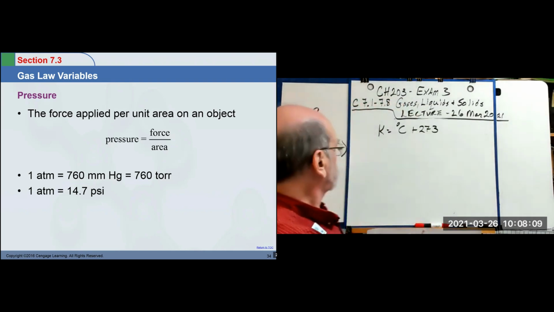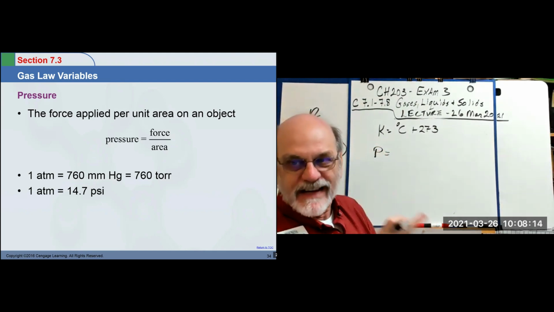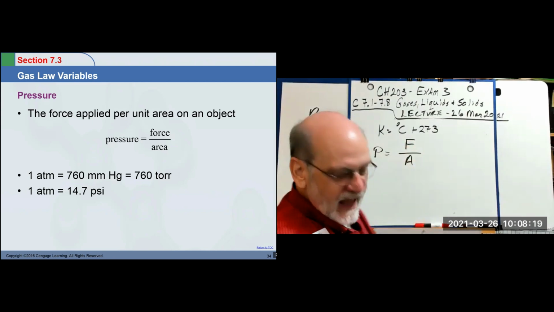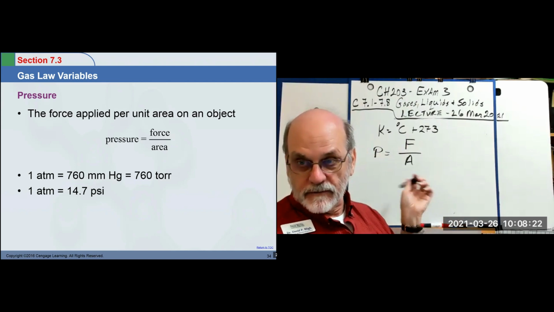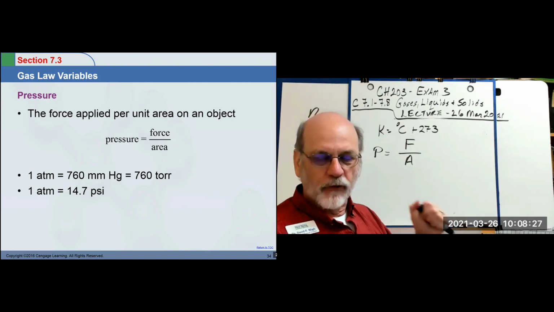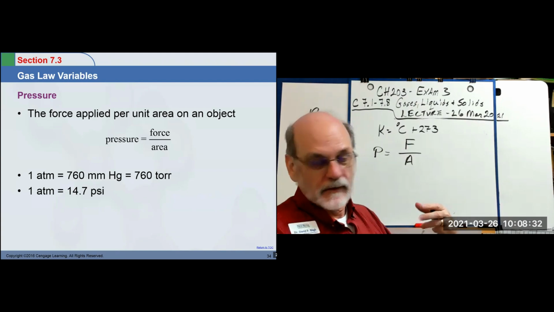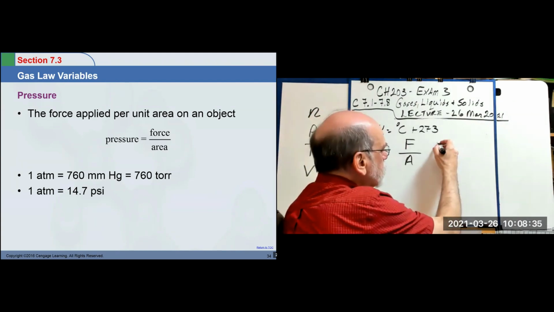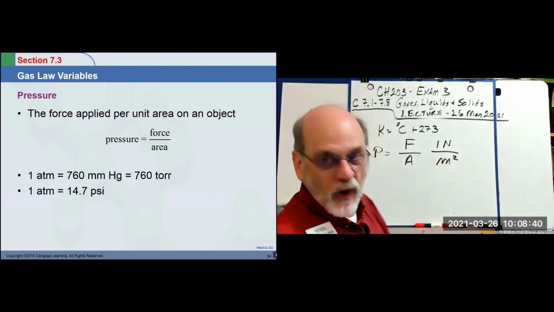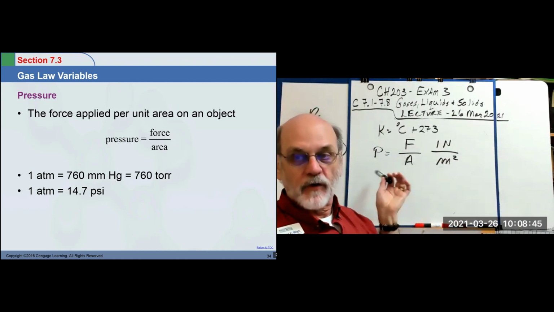Now for pressure, pressure by definition is force applied over an area, right? So if we apply a force of, let's see, forces in terms of newtons, if we apply 1 Newton per square meter, that will be the SI standard for pressure.